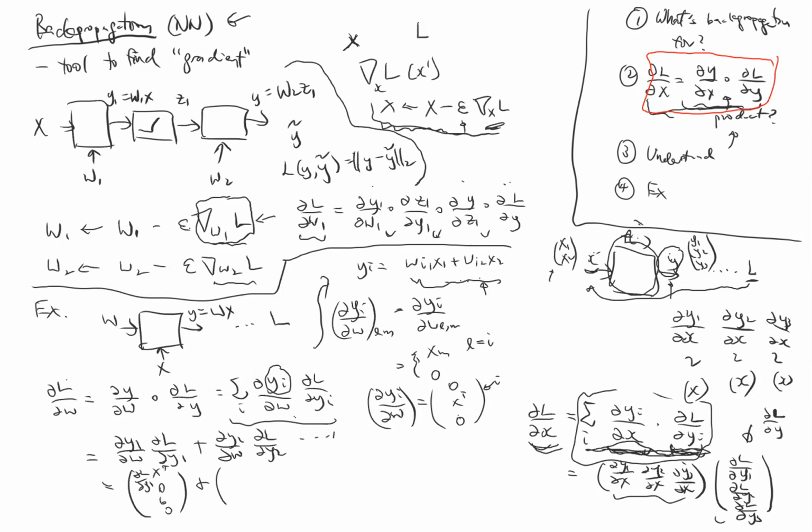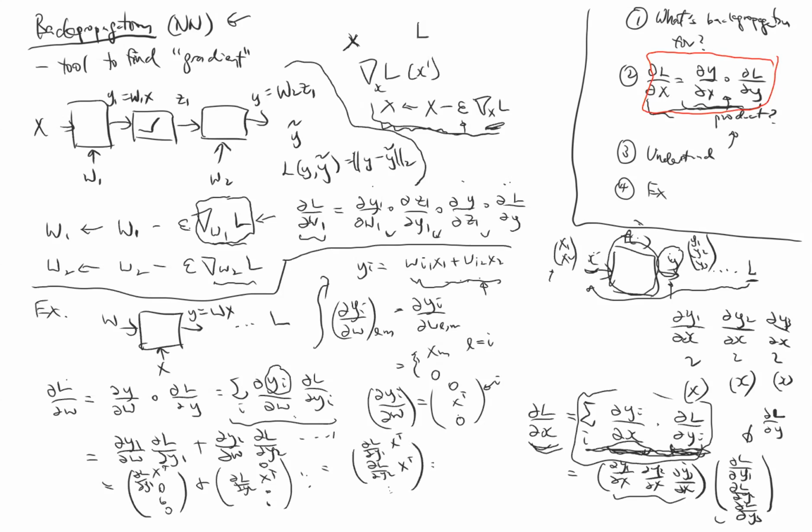For the second term, the first row will be 0, then the second row is X transpose and the rest is 0, multiplied by partial L over partial Y2, and so on. You see the pattern: it's just partial L over partial Y1 times X transpose, partial L over partial Y2 times X transpose, and so on.